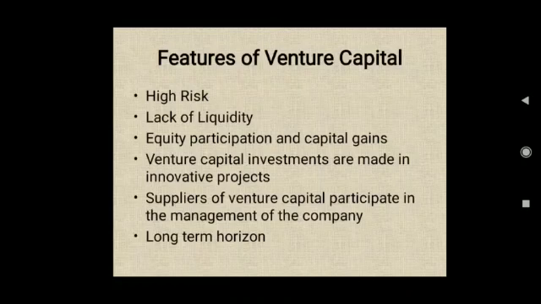The objective is to make a capital gain by selling the shares once the firm becomes profitable. In the near future, when the firm becomes profitable, they will sell the equity shares in the open market, or maybe back to the company itself, and they will have the capital gain. So that is one feature.